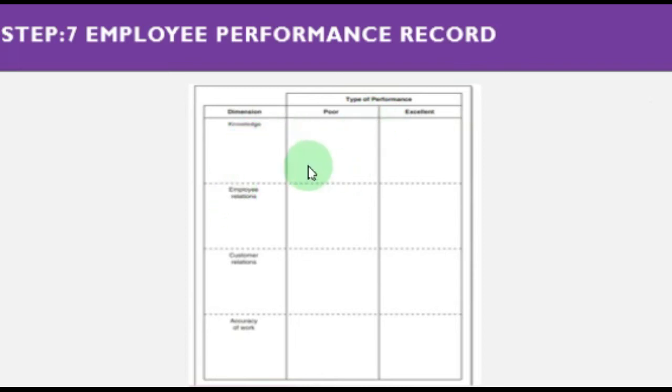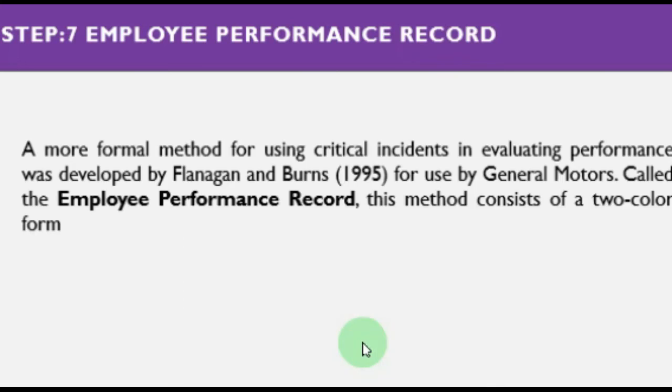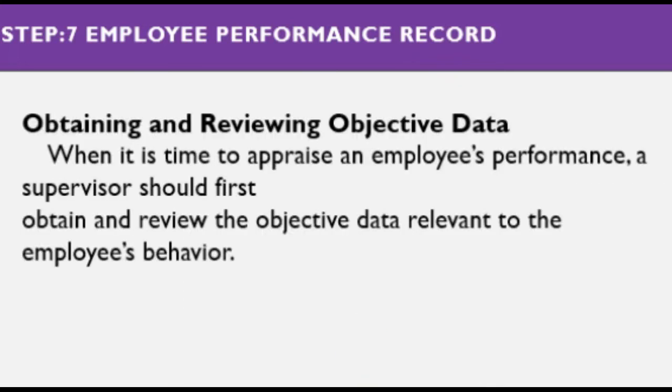This form, you're going to checklist kung sa knowledge neto poor ba, then you're going to document if it's poor or if it's excellent, employee relation, customer relation, accuracy of work. Okay, this is an example of an employee performance record.